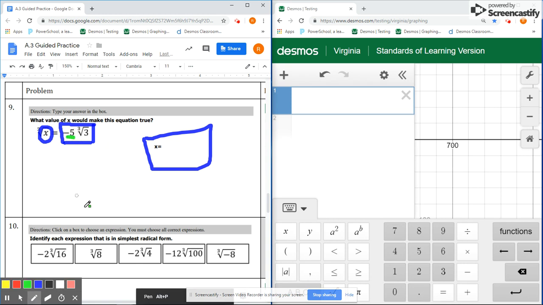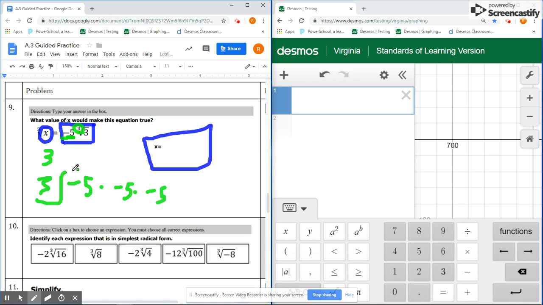We have -5 on the outside. So since this is a cube root, remember that means groups of 3, okay? And if this -5 is on the outside, that means at one point there were 3 -5s on the inside, because we would have circled this group of -5s and pulled it out front like what we have here, okay? So at one point, there were 3 -5s on the inside.